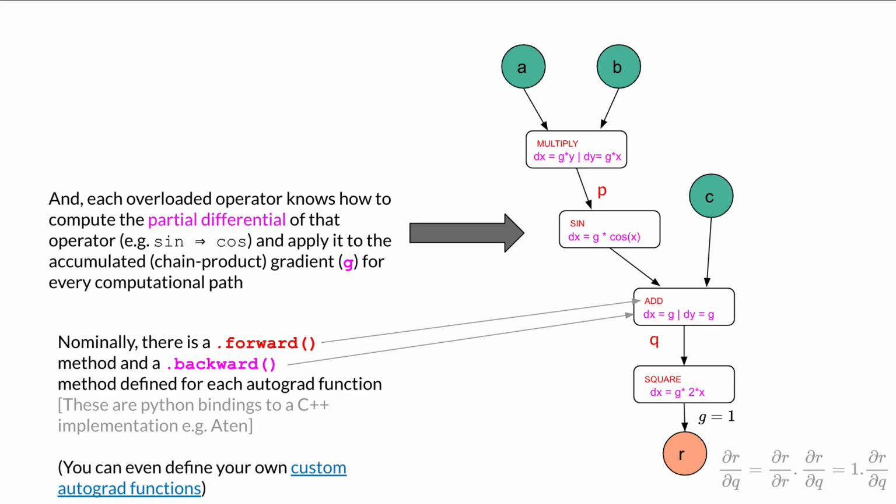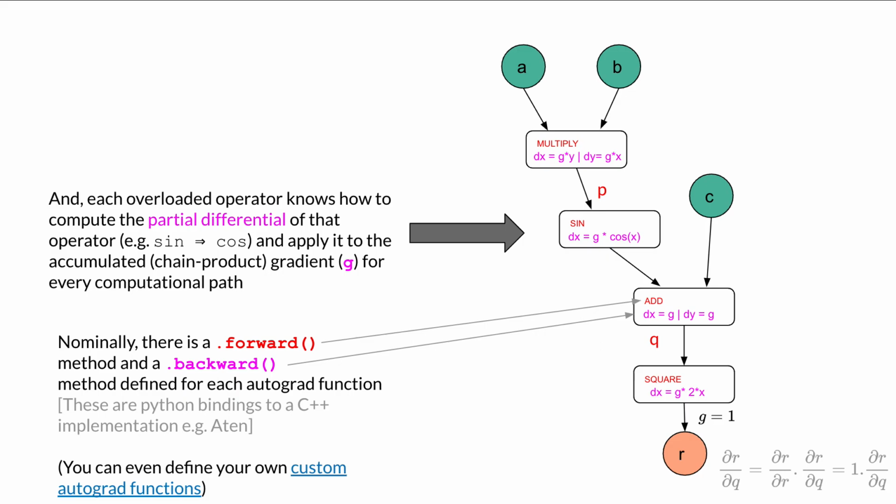Now, this is what's going on under the hood, and in fact the actual implementation of this is done at a lower level beneath the Python, in C++ in the A10 library, and the Python functions that are overridden by Pytorch are bound to these underlying C++ functions. And indeed you can even define your own custom Autograd functions.